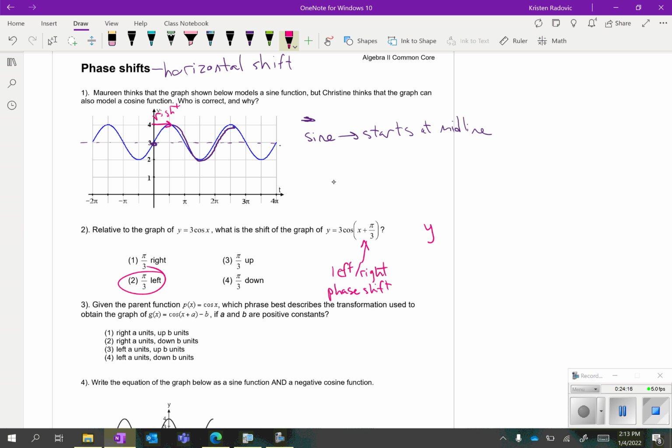If you were to have y equals 3 cosine x plus pi over 3, there are no parentheses. In fact, there's a hidden set of parentheses right there. So if there are no parentheses, or if there are parentheses and it's just on the outside, that represents a midline.